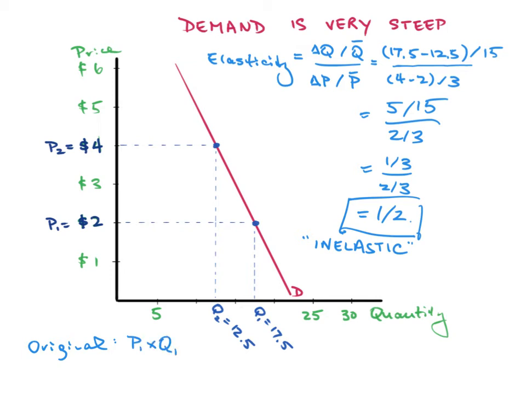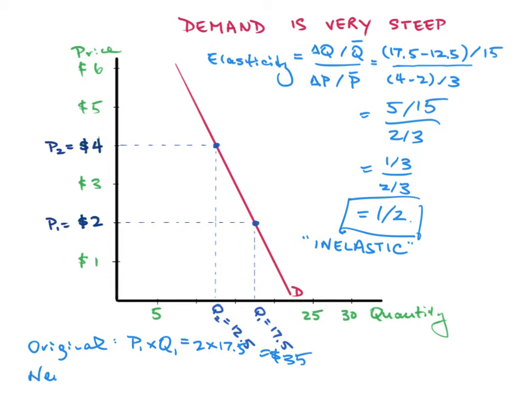Oh, dang it, I made these numbers hard, didn't I? 2 times 17.5, which is $35 of revenue.